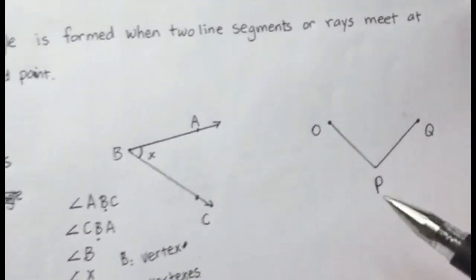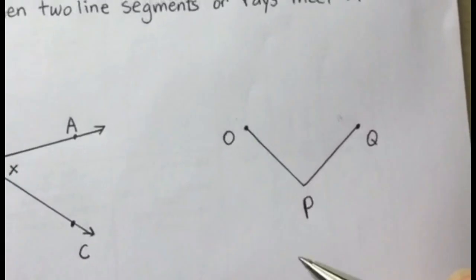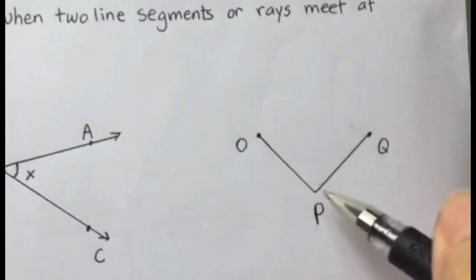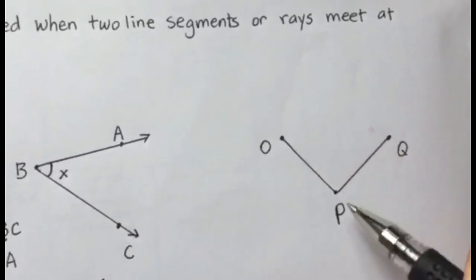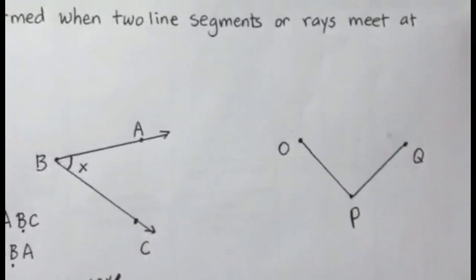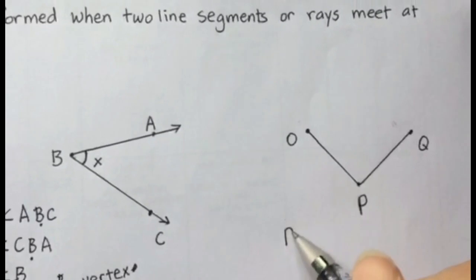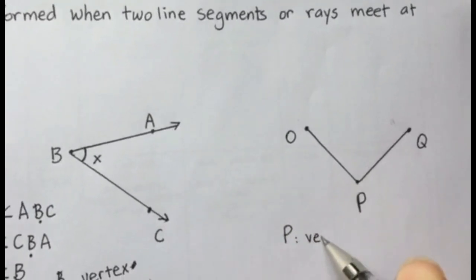And in this example, this angle where line segment OP and PQ, they meet at the end point P. So P again is the vertex.